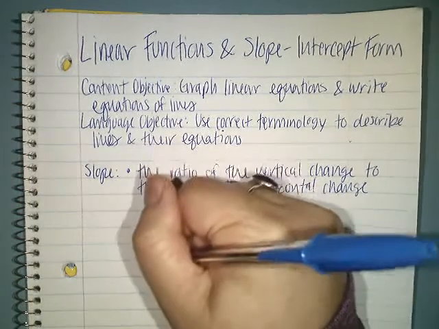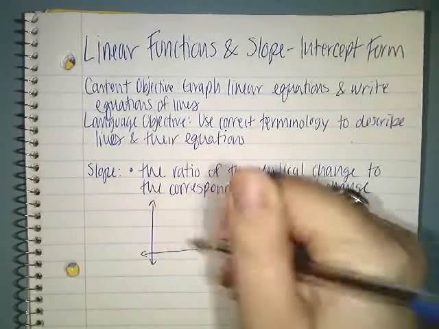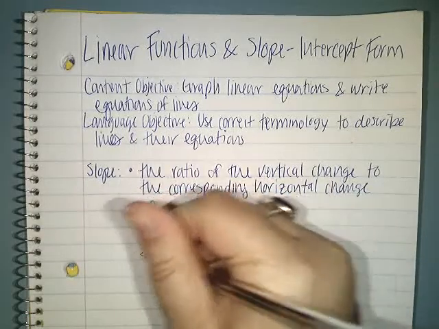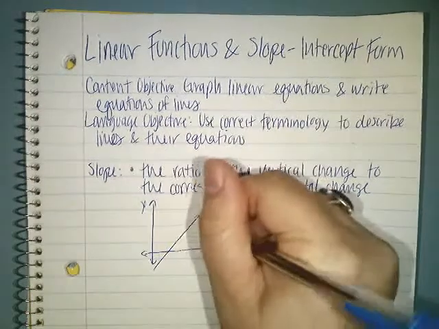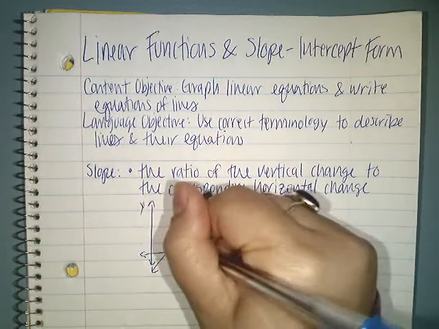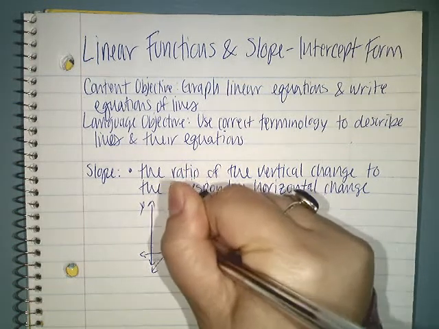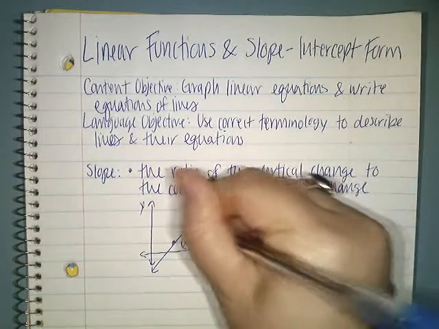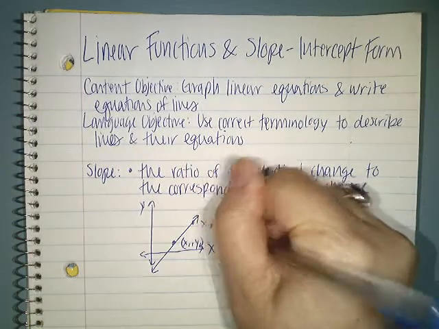So just a quick visual. We have our X and Y axes, and we have a line going up like that. We'll label this X1, comma Y1. So that's a point there, and then we'll call this X2, comma Y2.